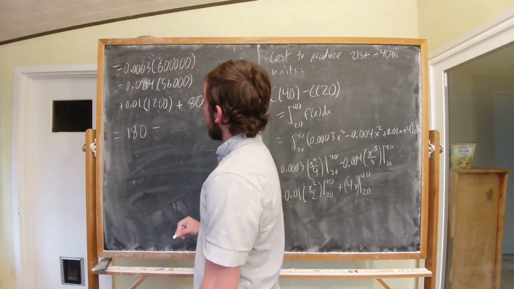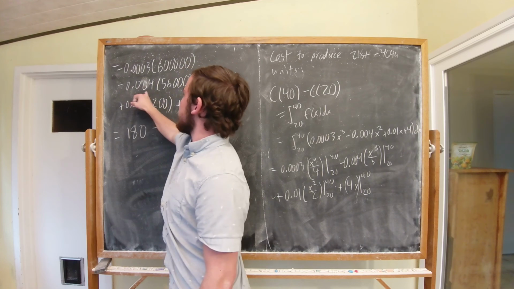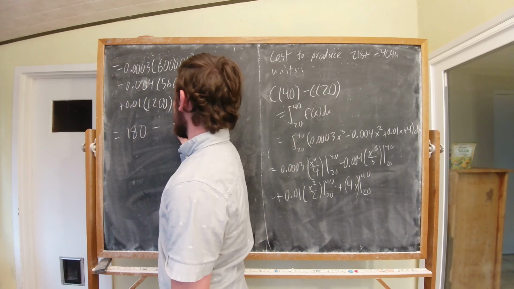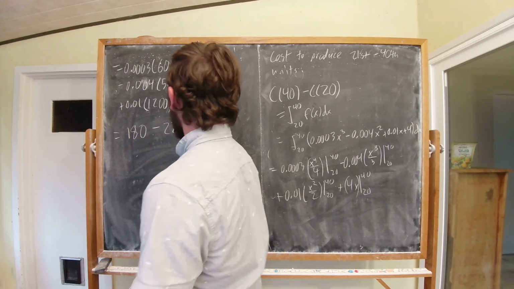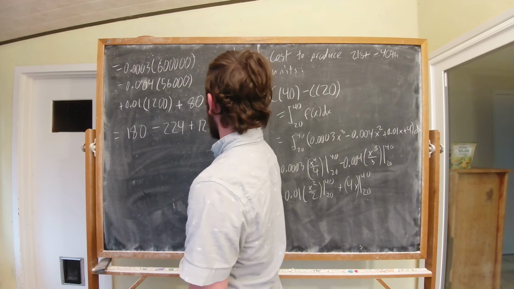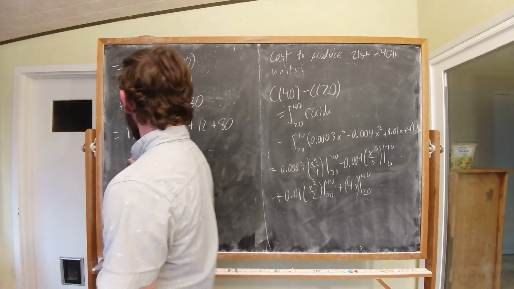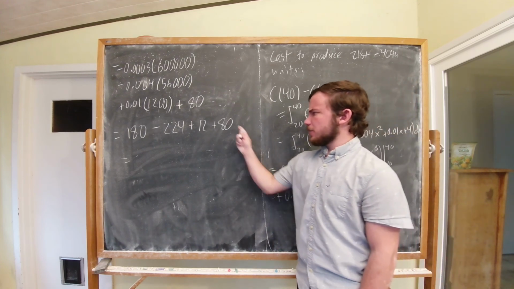Minus 224, plus 12, plus 80. Alright? And if you add all those together, let's see here.